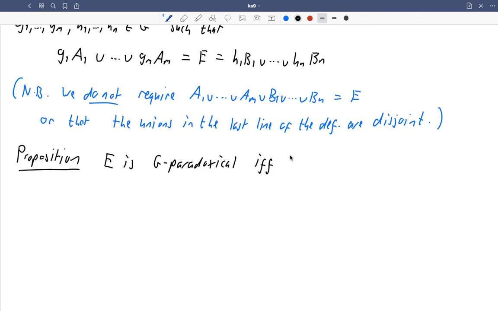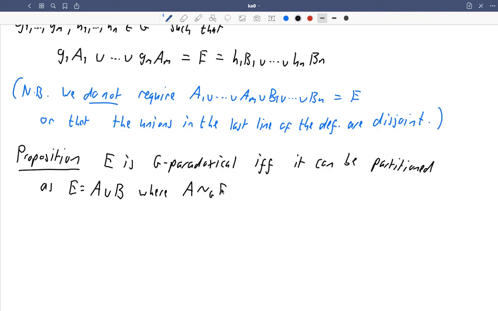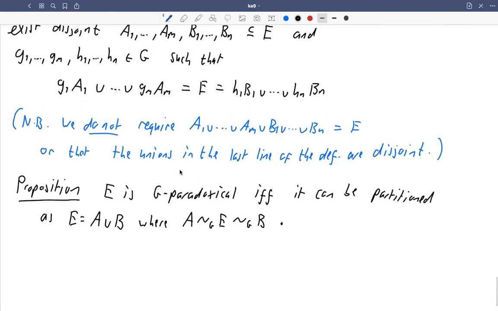if and only if it can be partitioned, so divided into two disjoint subsets, E is the union of A and B, where A is G decomposable with E, and so is B. So this statement exactly gives us these two missing points here, because the A's are the unions of A1 to AM, the B is the union of B1 to BN.